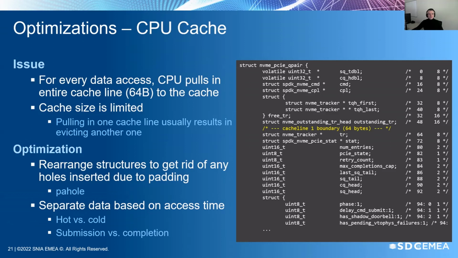We can also group things by whether they are accessed during submission or completion. For example, the things that are accessed during both submission and completion paths can be in a common set of cache lines, while those that are only accessed in either submission or completion can be moved to a separate cache line to avoid thrashing.